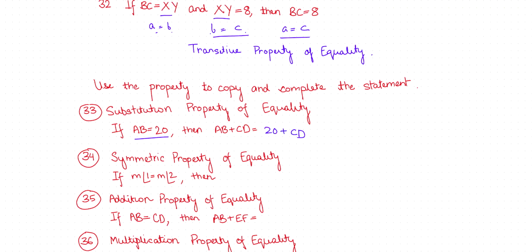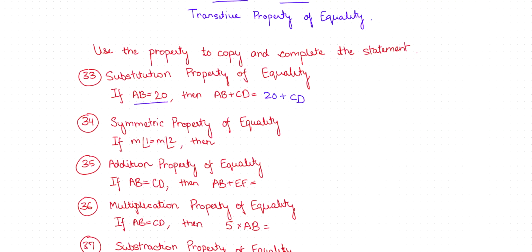Now the symmetric property of equality: if the measure of angle 1 is equal to the measure of angle 2, then symmetric means we write the measure of angle 2 is equal to the measure of angle 1.